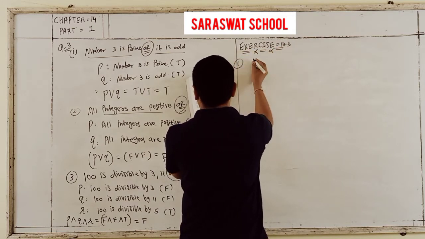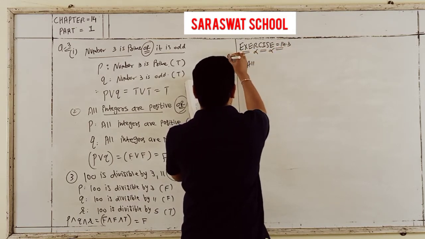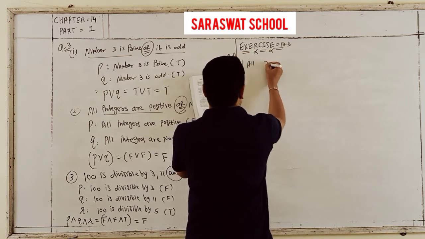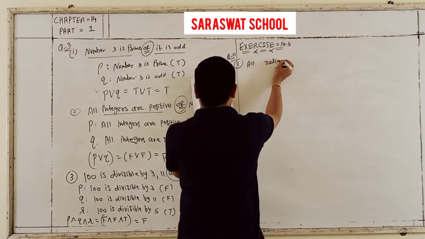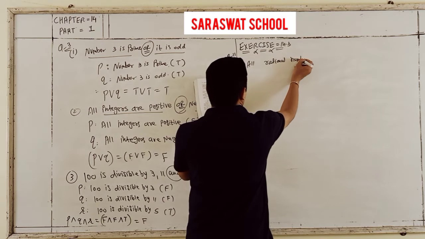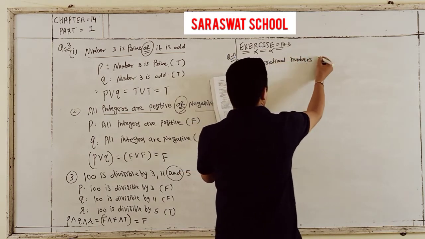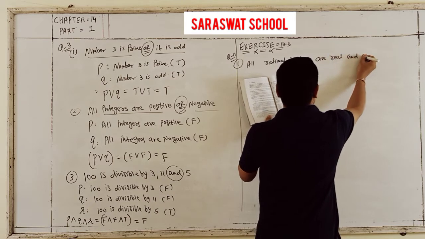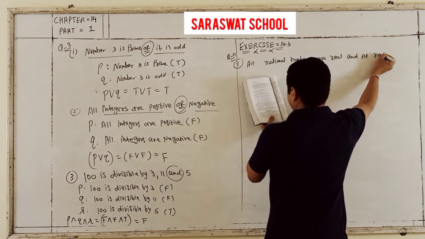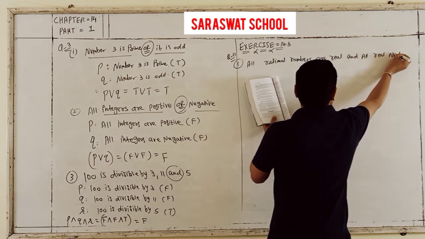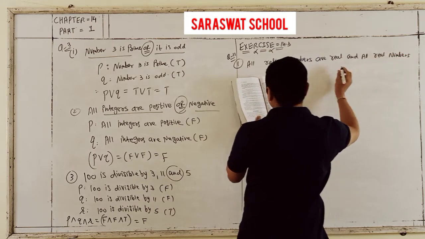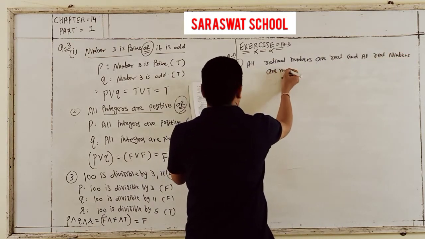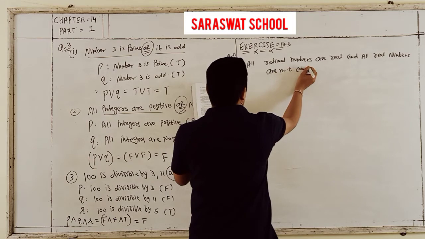First one: all rational numbers are real and all real numbers are not complex.